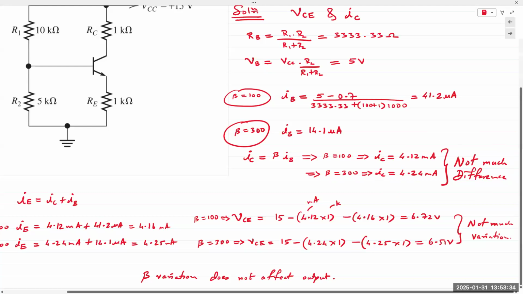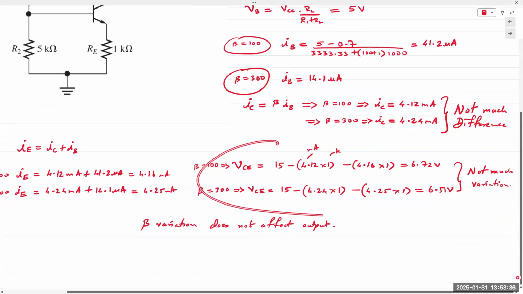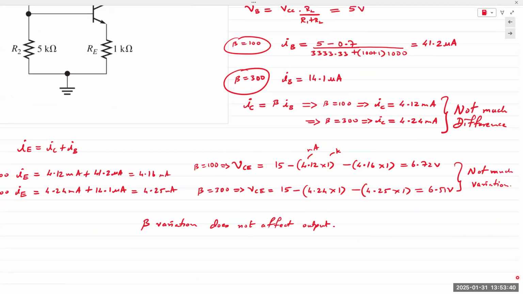If you find the output voltage, plug it into the output voltage equation, VCE, and you obtain VCE values of 6.72 and 6.51 volts. Again, there's not much difference between the two voltages. Typical beta values: if you have a transistor of 100 beta and you plug in another transistor, same model, you might have a variation, maybe 110, 120, maybe 150.